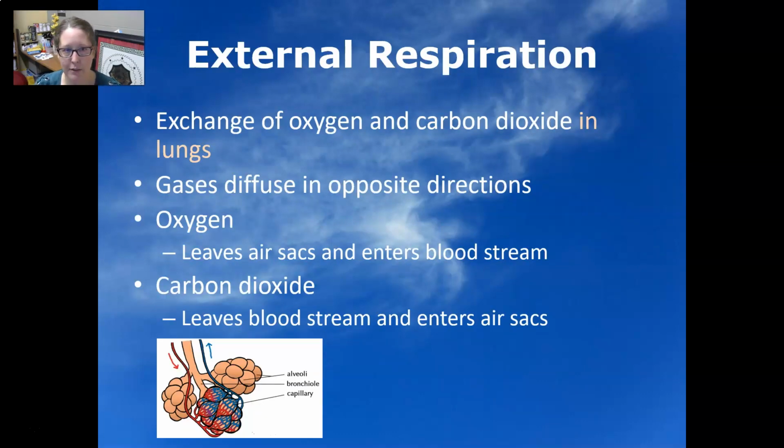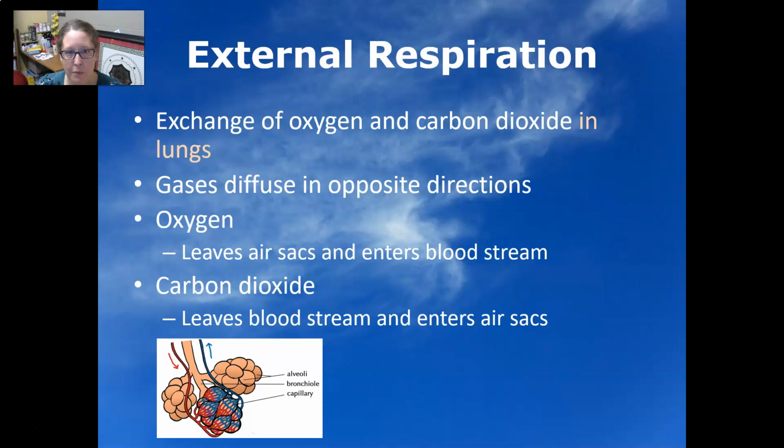But you also have these two respiration phases of external and internal respiration. And so those are actually the point of breathing, of ventilation, to get the oxygen in and the carbon dioxide out. Well, the process of getting the oxygen in and the carbon dioxide out at the interface between the lungs and the circulation is external respiration.